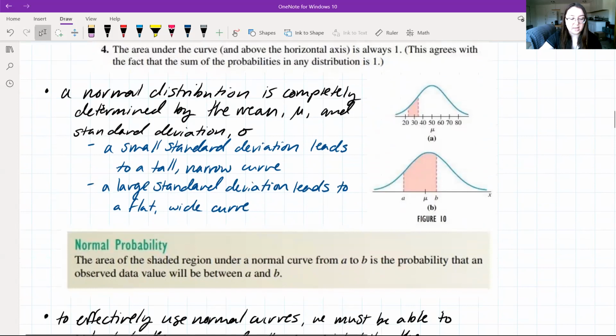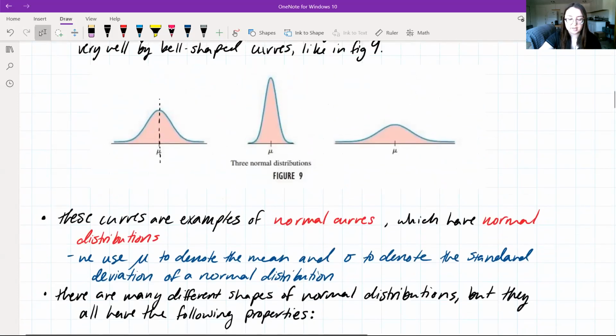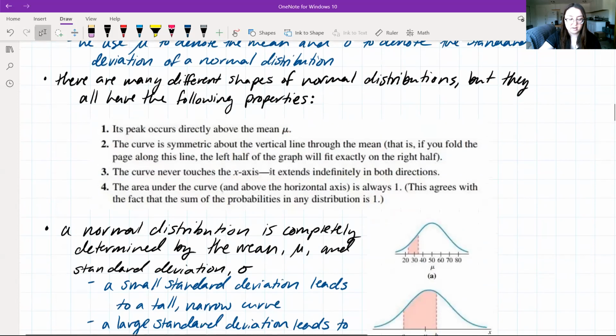All right, then we see a normal distribution is completely determined by the mean and the standard deviation, sigma. A small standard deviation leads to a tall, narrow curve, just like we see here in our second normal distribution of figure 9.